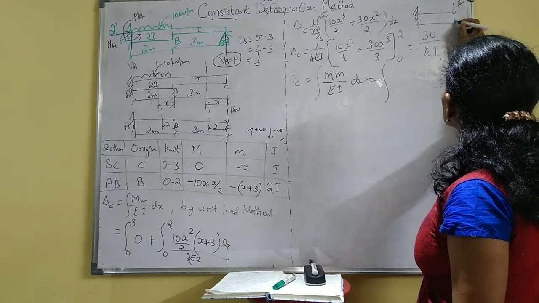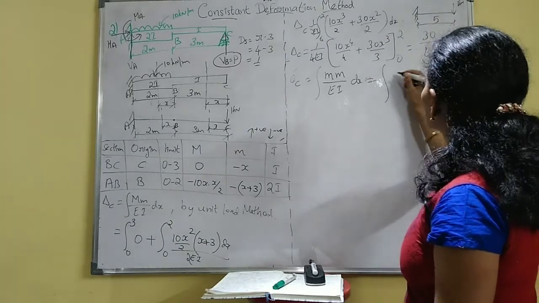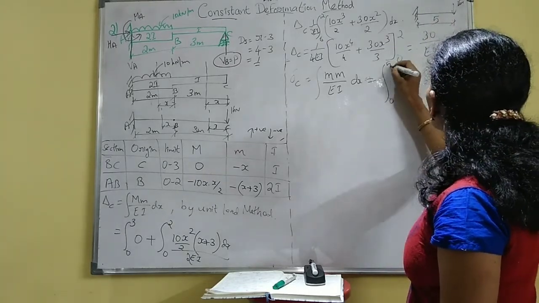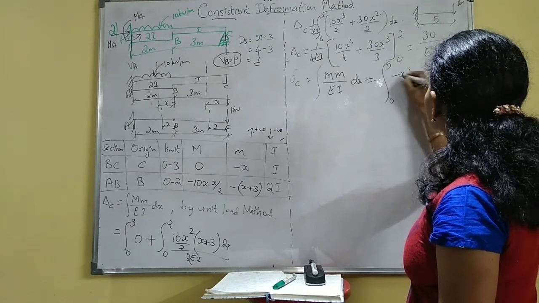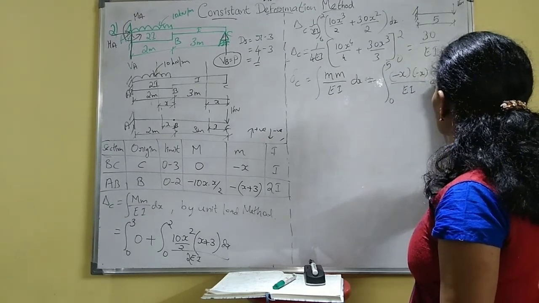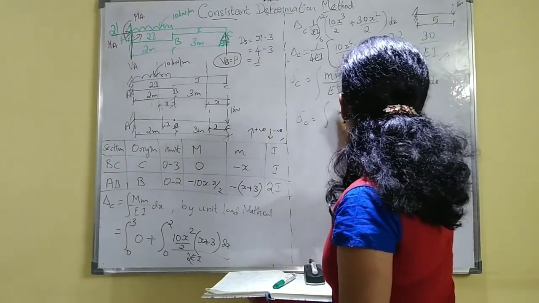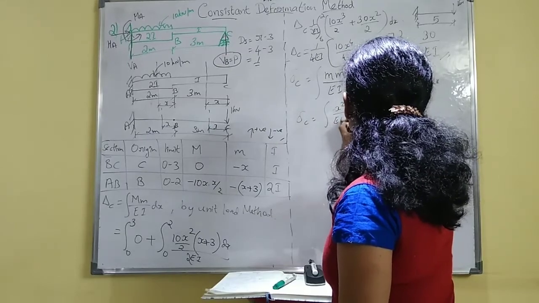So what is the total distance? 5. So you have integral 0 to 5 of minus x into minus x divided by EI dx. So delta C equals x square by EI.